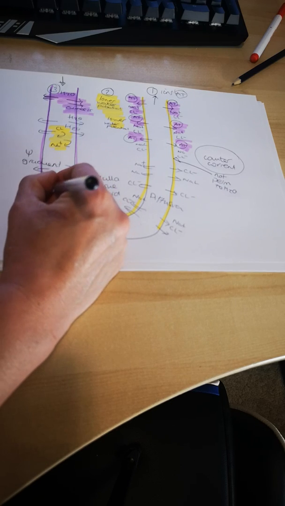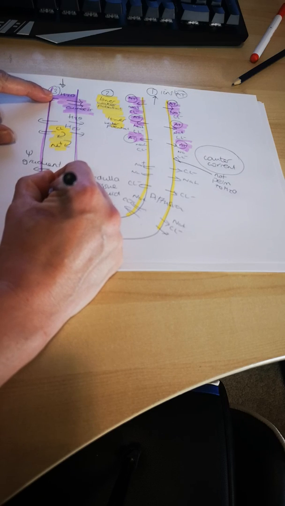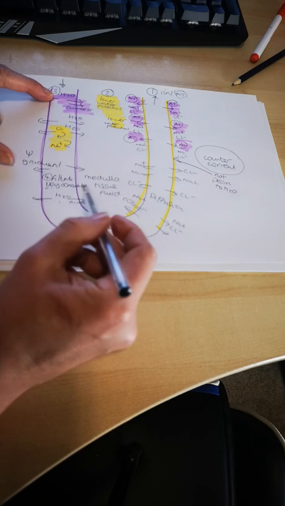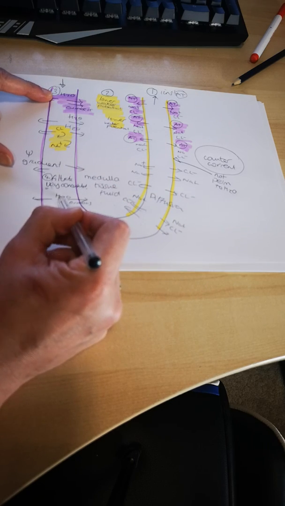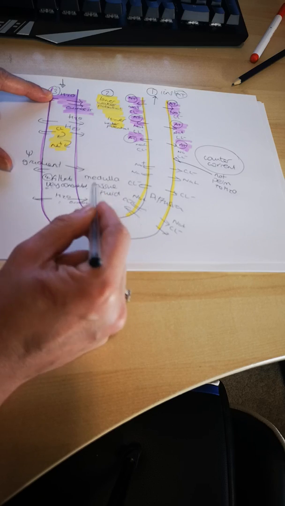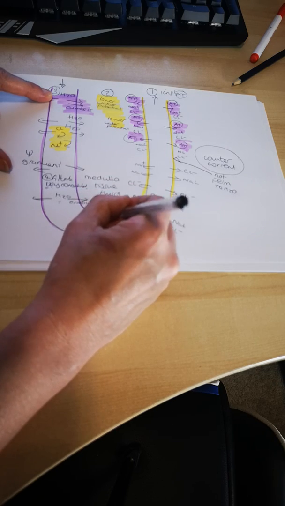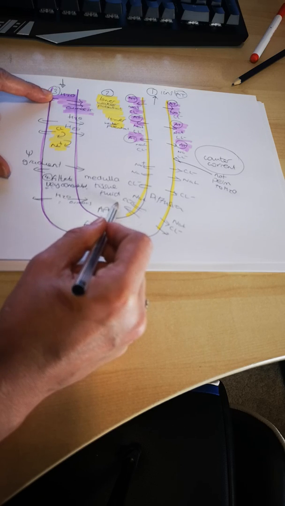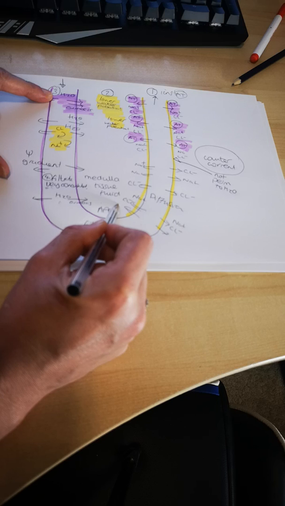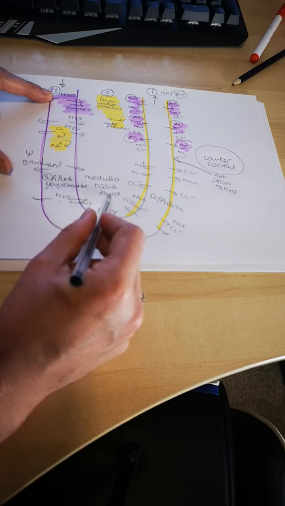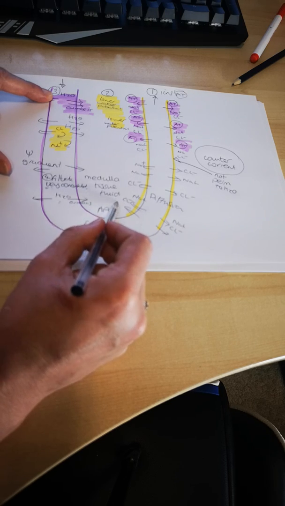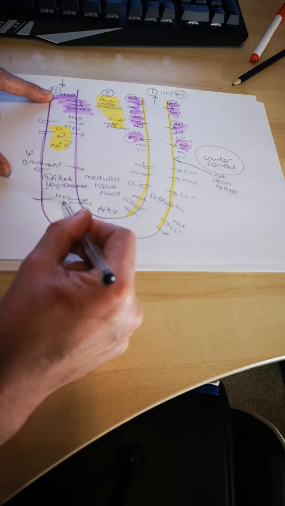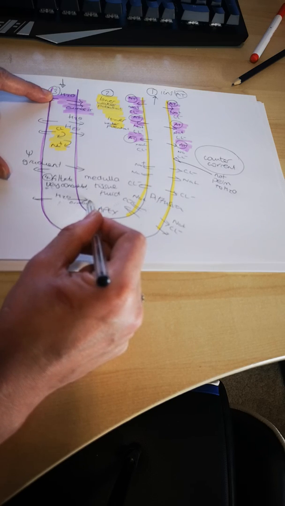In other words, its water potential is lower than at the top of the descending limb. We've lost lots and lots of water. So if water is going to continue to move out by osmosis, the medullary tissue here at the apex, at the base of the loop, would have to be very, very salty, very, very concentrated, so that it's still got a lower water potential than the filtrate, and water still moves out by osmosis.